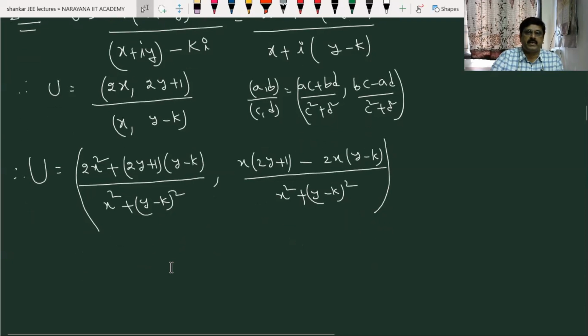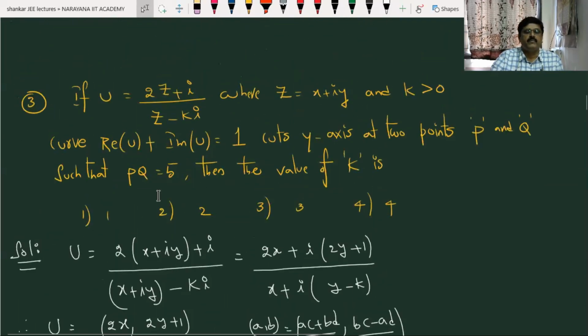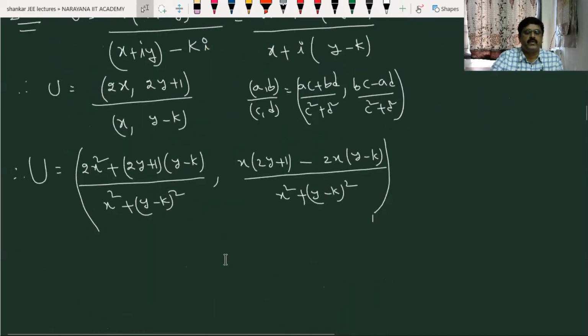Now your task is real part of u plus imaginary part of u is going to be 1. So students, carefully watch. Real part is 2x square plus 2y plus 1 into y minus k upon x square plus y minus k whole square, and imaginary part is x of 2y plus 1 minus 2x of y minus k upon the same denominator x square plus y minus k whole square.